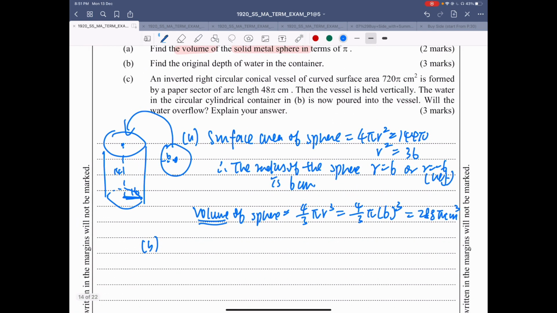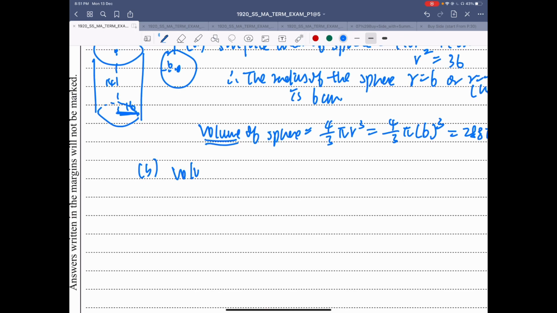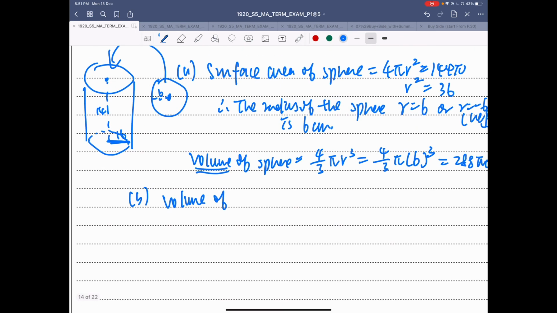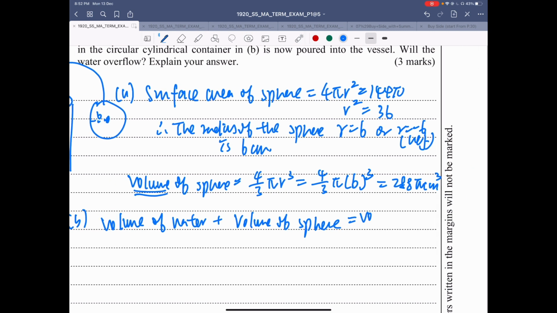So for the original depth, we take this sphere away so that we can calculate it. Volume of water plus volume of sphere equals the volume of container. This is the relationship, right?